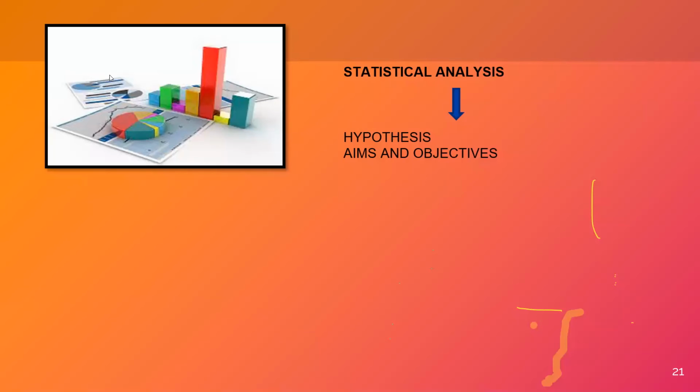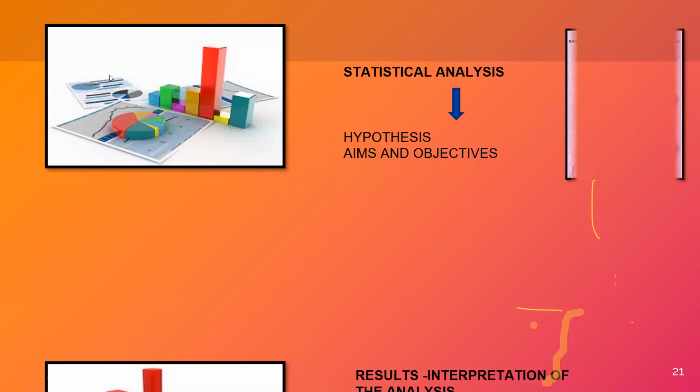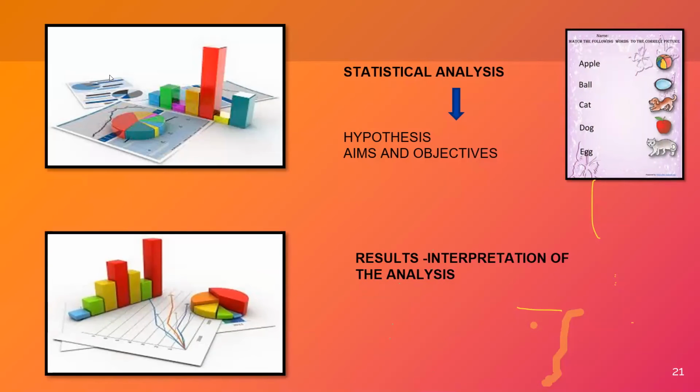If you have done the statistics correctly, again, your hypothesis and aims and objectives will get answered by a correct and appropriate statistical analysis. At the same time, it is the interpretation which you and I have to do. The statistician will give you the statistics and get done with it. But how I am interpreting that result based on prosthodontic knowledge, that is your and my value.